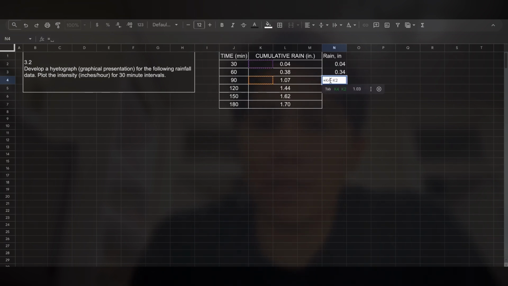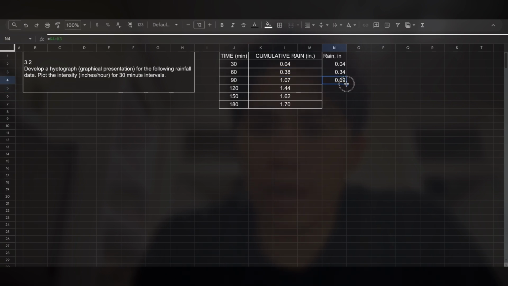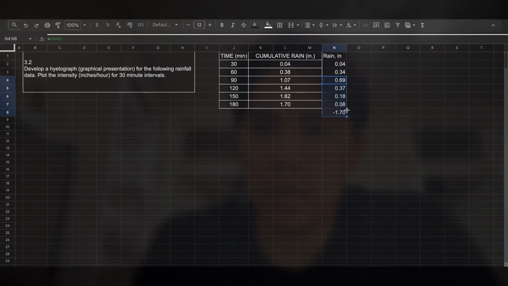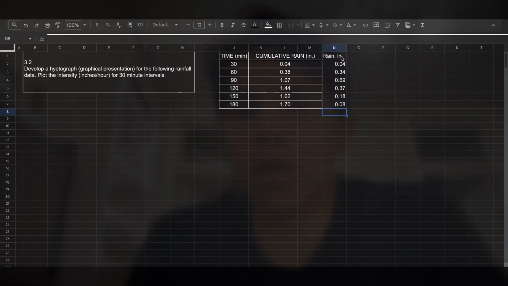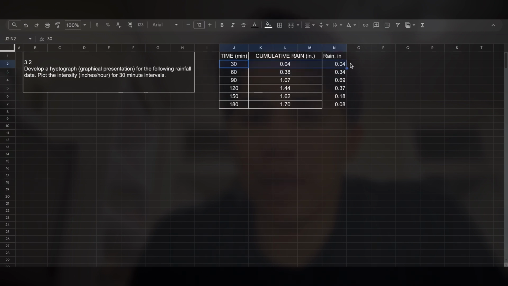We keep doing the same, this minus the previous. And if I drag it, hopefully that should work. So this is our rain difference per each interval of 30 minutes. Now, for intensity, we need inches per hour. We've got the inches already, so we just need to divide it by time.